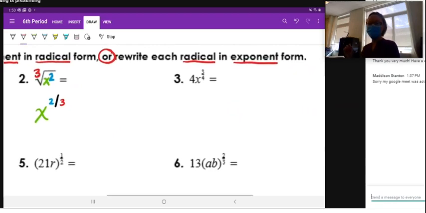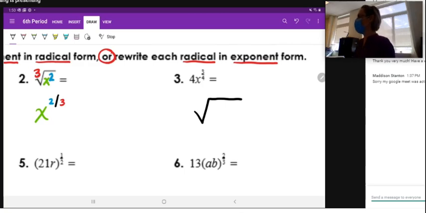For number 3, we're doing the opposite. We are going from an exponent to a radical. So the first thing I'm going to do is draw a radical symbol. That gives me sort of a structure I can work with. We need to figure out what the base of this exponent is.